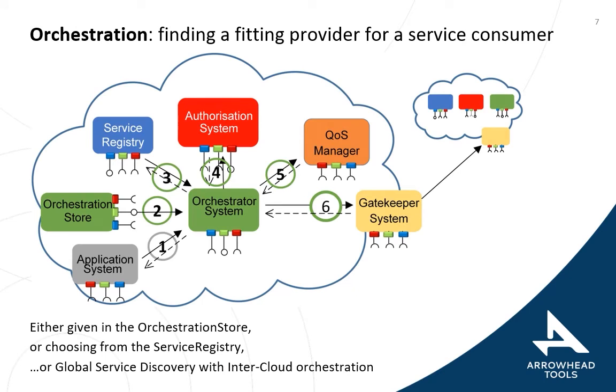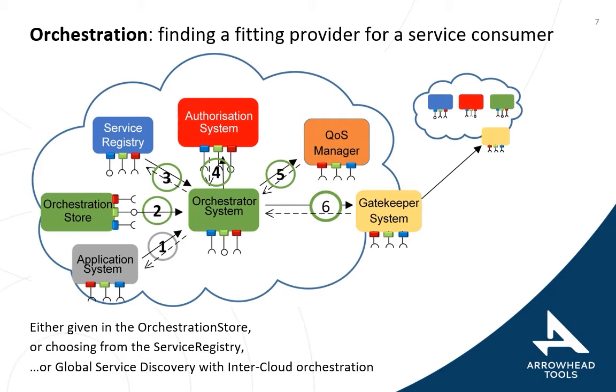One very key idea is the orchestration, finding a fitting provider for a service consumer, and how it works is like this: the application system at the bottom, as a consumer, asks the orchestrator to show a proper provider of this service, which checks the orchestration store, checks the service registry if there is a proper one in there, looks for authorization possibilities with that provider, and checks whether the QoS towards that provider is satisfactory for this consumer.